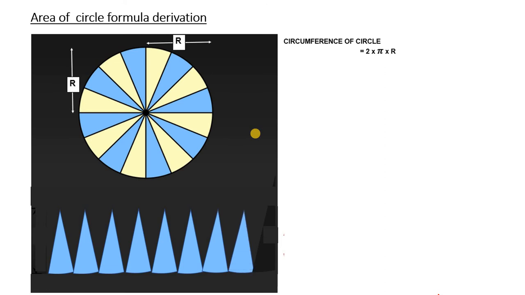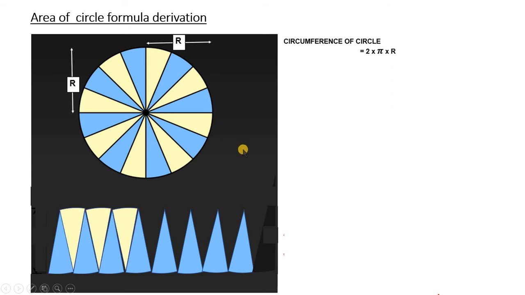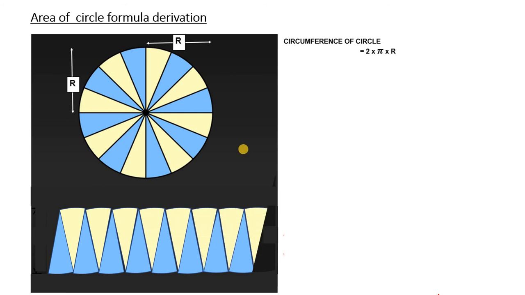There are 8 blue sectors of congruent area. I have aligned them in a straight line adjacent to each other without leaving any gap. The white sectors are now going to be kept vertically inverted in between the gaps between the blue sectors. 8 white sectors and 8 blue sectors, all are congruent, having the same shape and size, and so the same area.